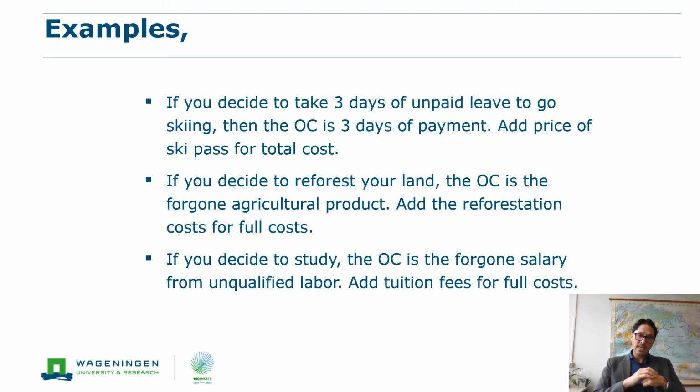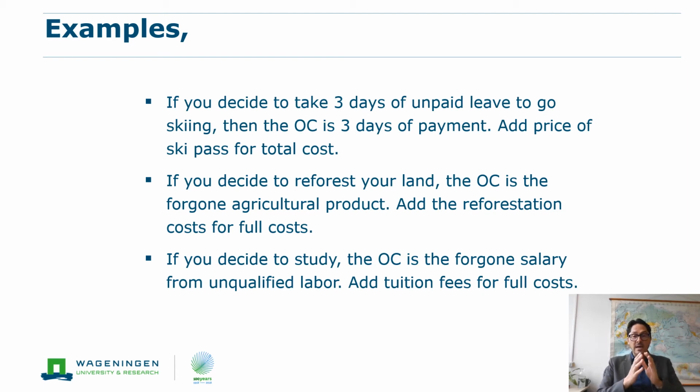If you decide to reforest your land, the opportunity cost is the foregone agricultural income. If you add the reforestation costs, for the full cost, then you have a full picture of what it costs to reforest your land. If you decide to study, like you all did, the opportunity cost is the foregone salary from unqualified labor.